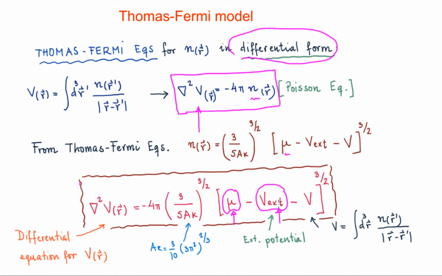So once you have the external potential and the chemical potential corresponding to the system you want to analyze, you then need to solve that equation in order to get the induced potential and the electronic density.